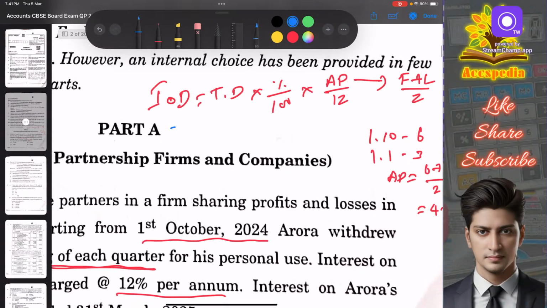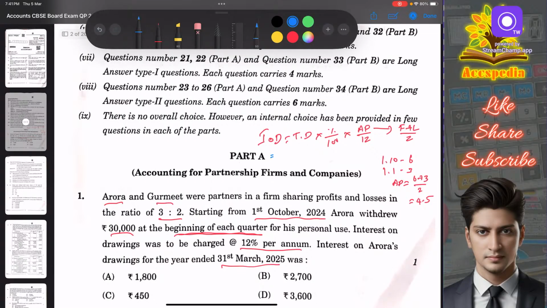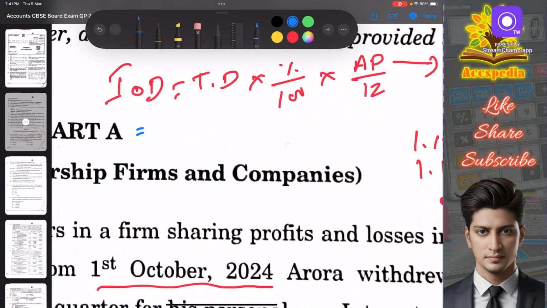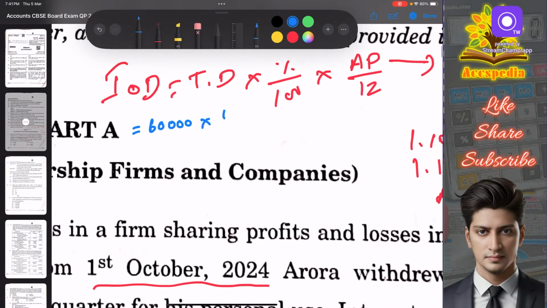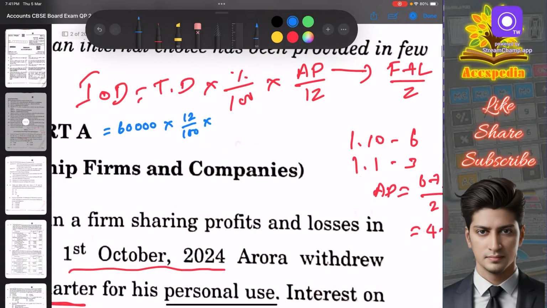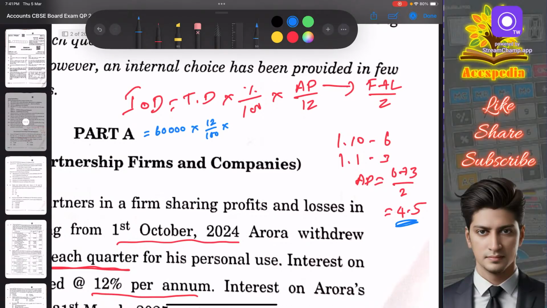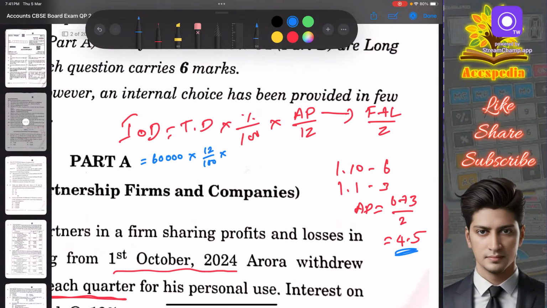Okay, so total drawings is 30,000 per quarter. So that means 60,000 into rate of interest is 12% per annum into average period we just calculated, it is 4.5 months.